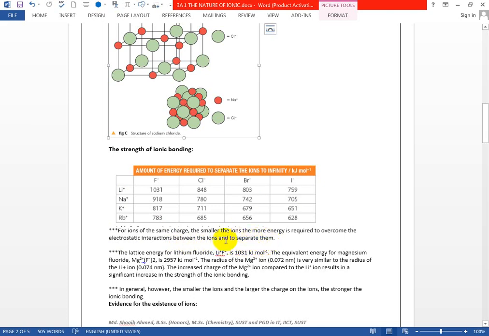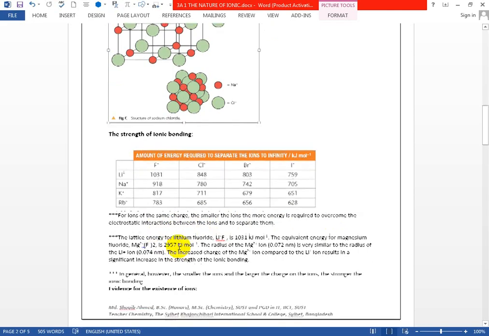Lithium, sodium, potassium, rubidium each have 1 positive charge. So with the same charge, the smaller ions need more energy to overcome the electrostatic attraction, because more charge is contained in the ion.